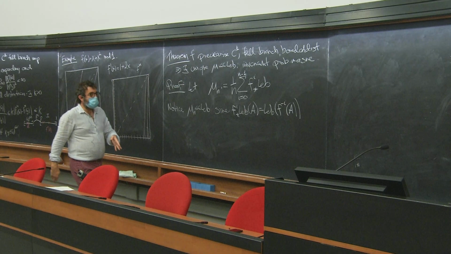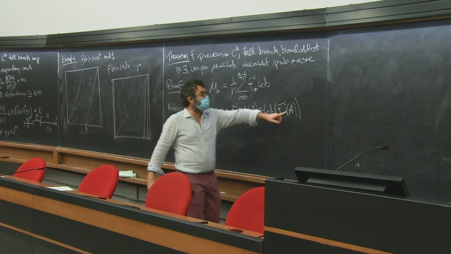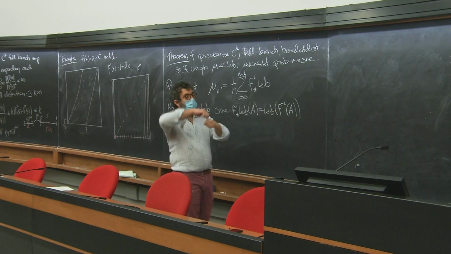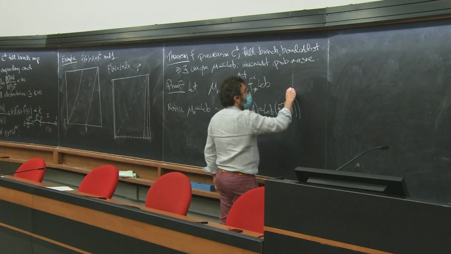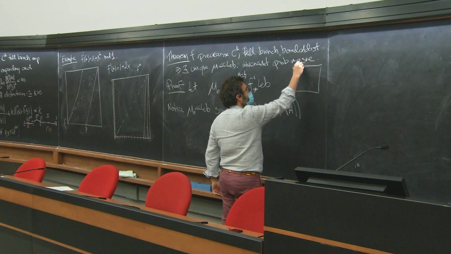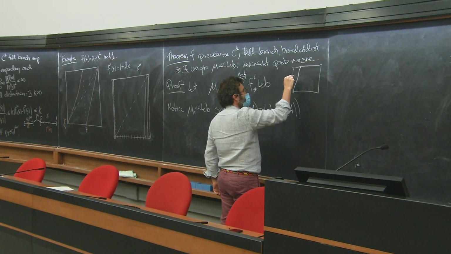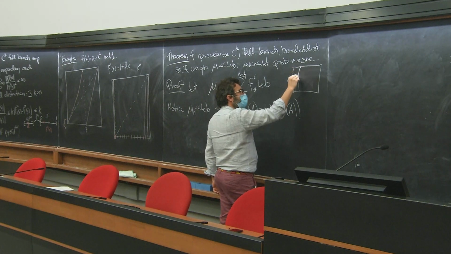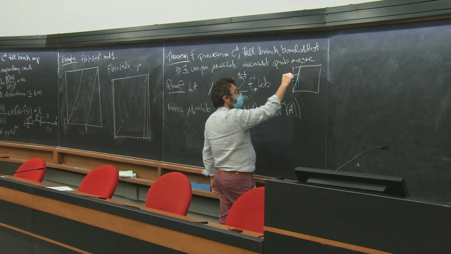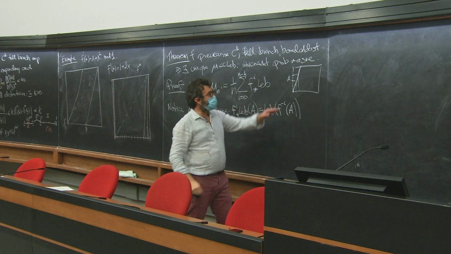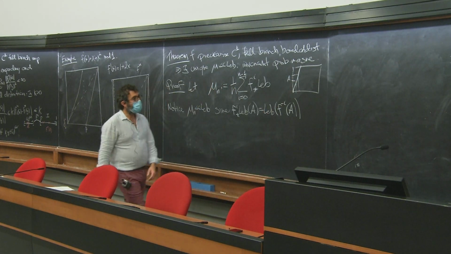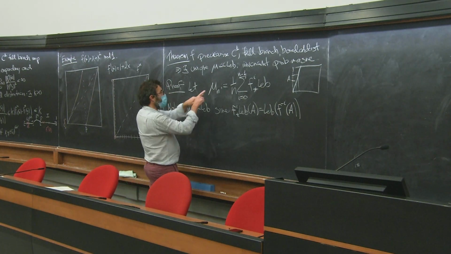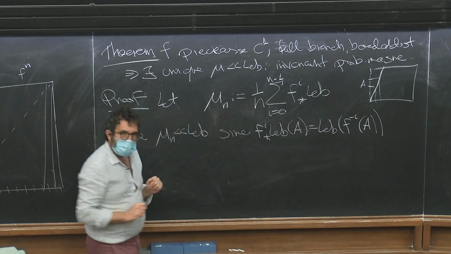Which means that if you take the pre-image of a set with zero Lebesgue measure, it will also have zero Lebesgue measure. Here we have this piecewise map, and here we have some set A. Even if the set is very crazy, because this is a C1 diffeomorphism, the pre-image of a set with zero Lebesgue measure must have zero Lebesgue measure. So this means that each of these is absolutely continuous.